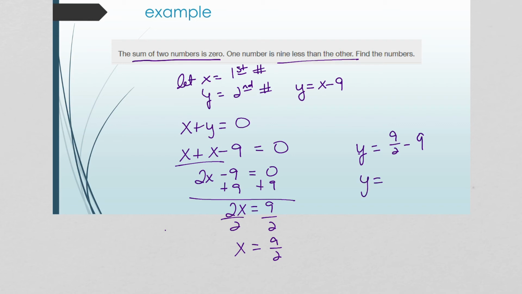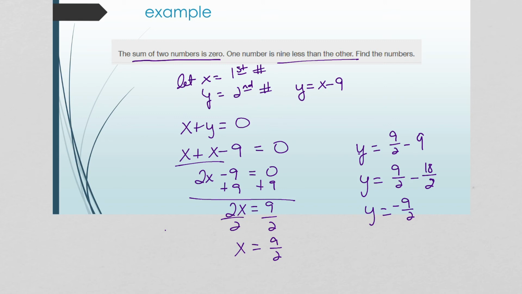And if you're doing this on a calculator, you're done by now. If you're not doing this by calculator, that's how you do that. All right, so negative 9 halves is the other number.